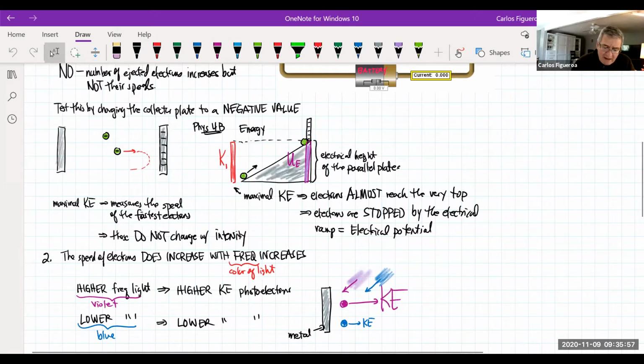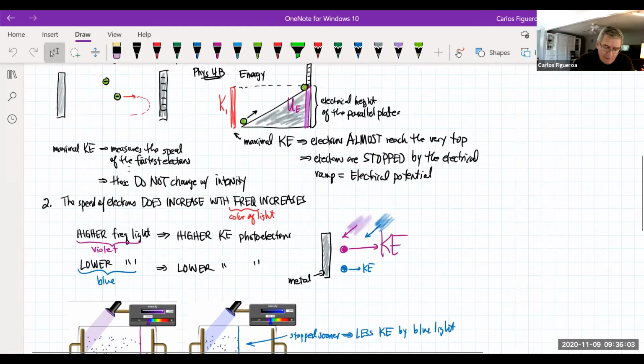And when it runs out, that's essentially when the electrons are turned back right at the end here. So we find here that the intensity of the light does nothing to change the maximal kinetic energy. That is a strange feature. Something is wrong right there.